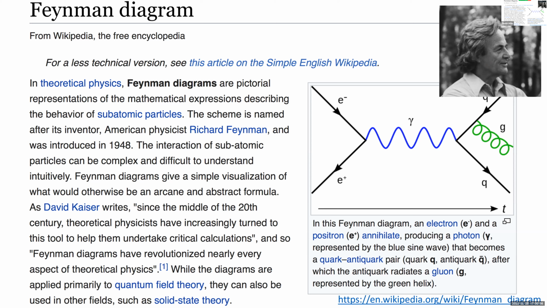Not pictures of cats and sun and humans, but how to convert very complicated equations into very simple diagrams. Feynman diagrams are a way to replace like 10 pages of equations with a couple of simple lines. And by using Feynman diagrams, one can get the answer like 100 times quicker.